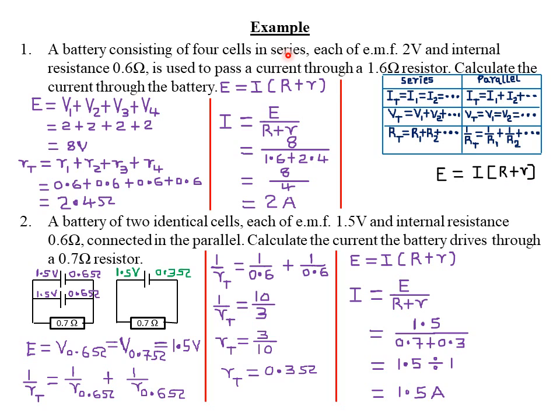Again, we are told that they are in series connection. And we know that for any series connection, R total must be equal to the sum of the resistances, that is, R total must be equal to R1 plus R2 plus R3.